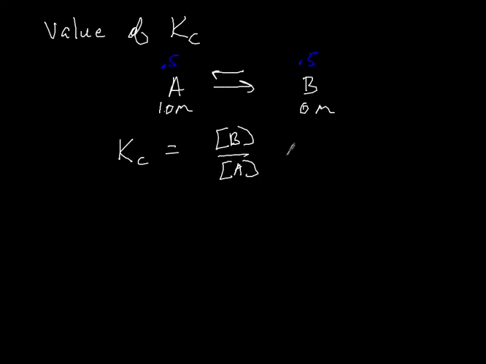If we plugged it into the Kc value at equilibrium, we'd get a Kc value of 1. And so what does an equilibrium expression value of 1 tell you? An equilibrium expression value of 1 tells you the reaction proceeds to the midpoint.